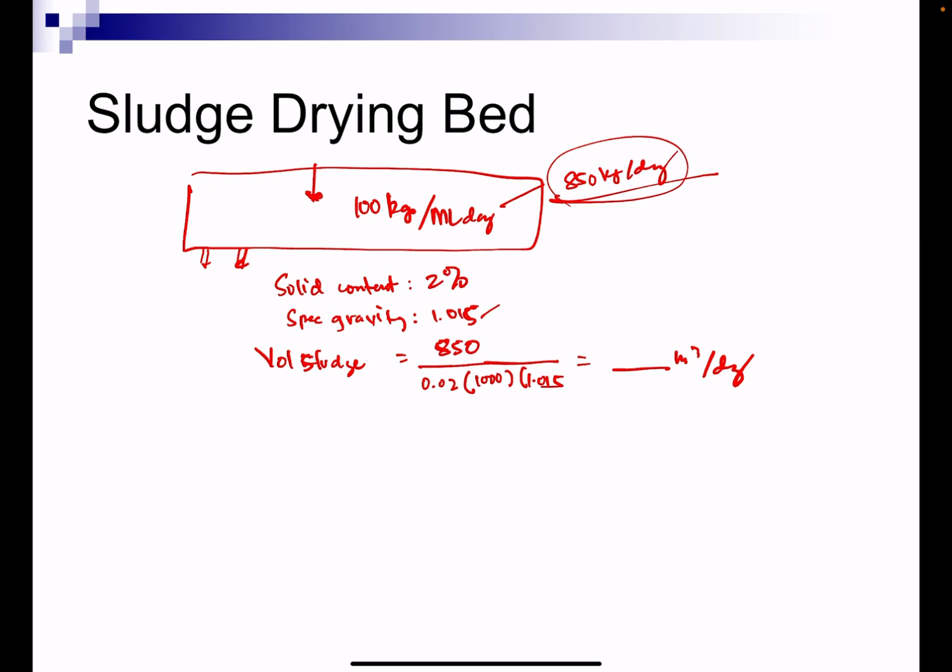The number of cycles in one year, assuming 365 days and 10 days per cycle. So, 10 days is one cycle. Number of cycles in a year, you have 365, assuming per cycle I have 10 days, so roughly 37 cycles. One cycle is equivalent to 10 days.